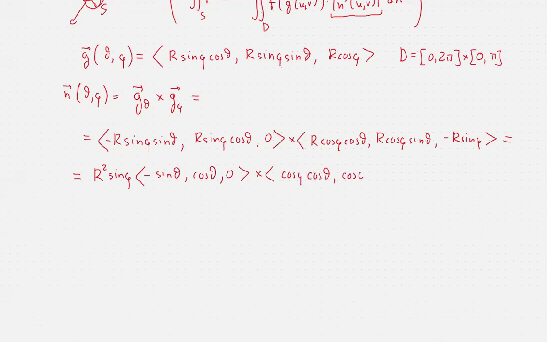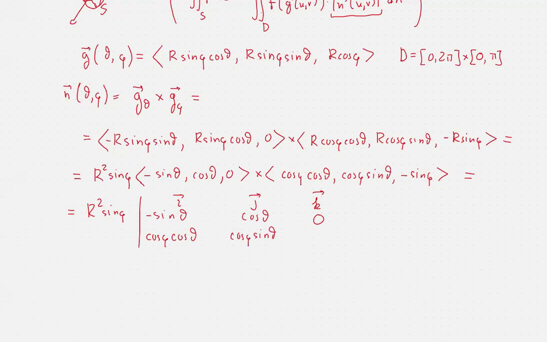Okay, so let's take this cross product in a traditional way. So we will have i, j, k, and then let's write the components: minus sine theta, cosine theta, 0, and then cosine phi cosine theta, cosine phi sine theta, and negative sine phi.